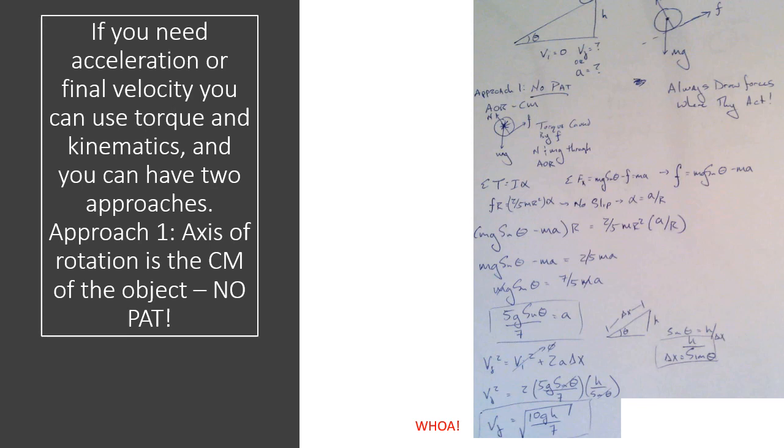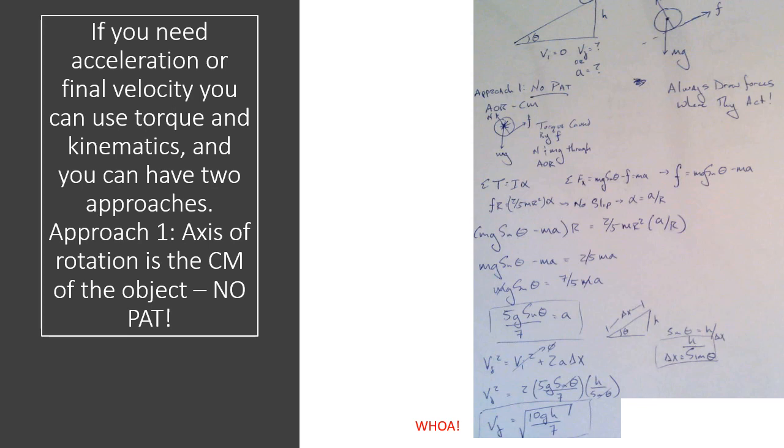So my x vector is mg sine of theta, and my y vector is mg cosine of theta. But I know that normal and mg cosine of theta just offset each other. There's no acceleration in that direction. They're just static. So I'm not going to write a sum of the forces in the y. But the sum of the forces in the x: mg sine of theta, minus the friction, is equal to ma.